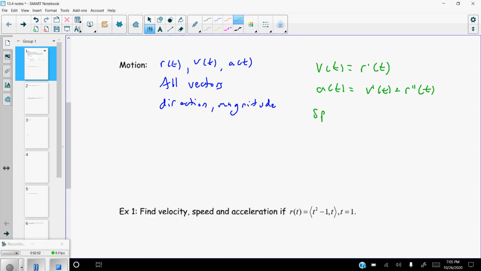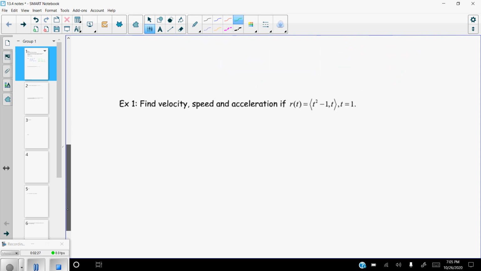And then speed is the magnitude of the velocity. And because it is a magnitude, this is a scalar. So the speed of all of those things is a scalar.